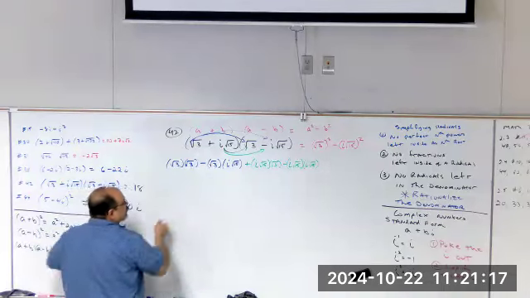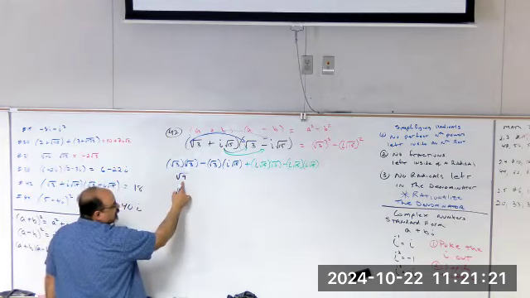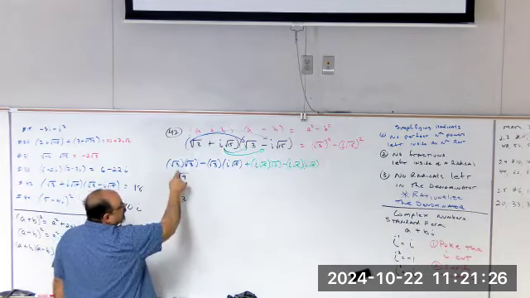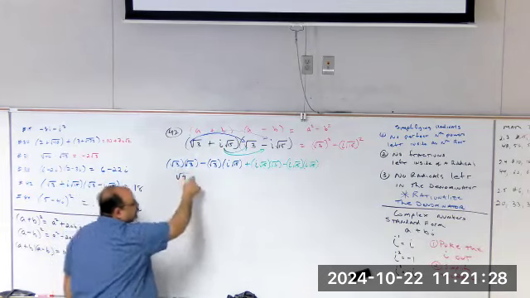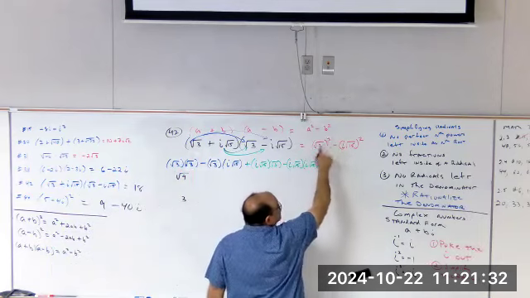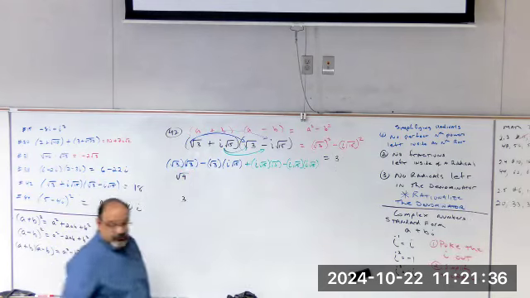Square root 3 times square root 3 is the square root of 9. What's the square root of 9 going to be? 3. Or you can look at it as the square root of 3 squared. And if you square a square root, it undoes the square root, you just get the 3.